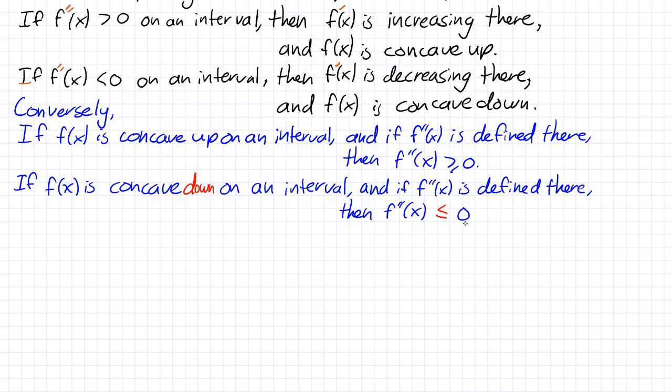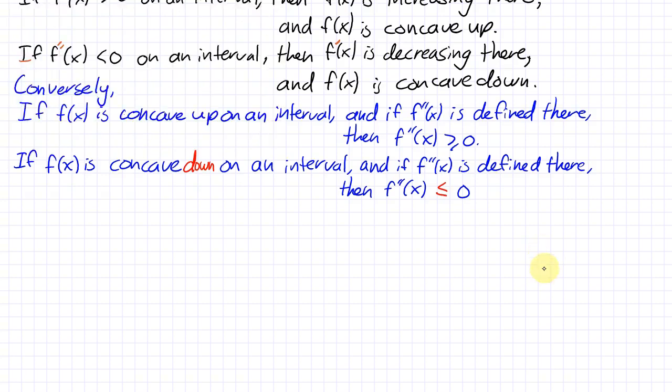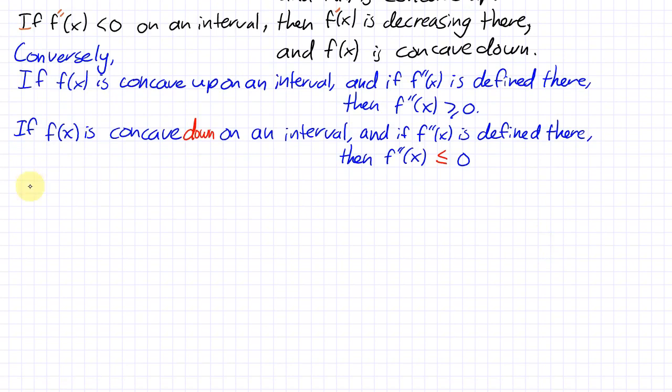And it's a little finicky, this stuff, because why is this less than or equal to 0, and why is this one less than 0? And the answer is there's just a lot of weird kinds of functions out there that break one of these rules and not the other. One example of a weird function like that is this one.